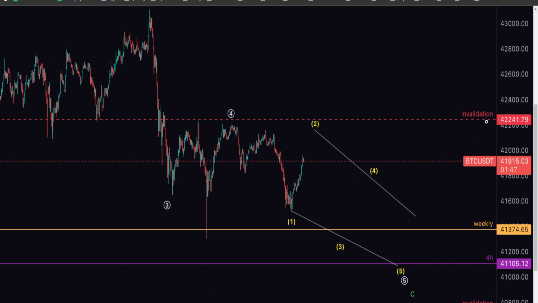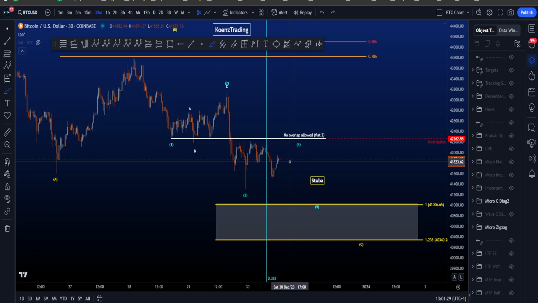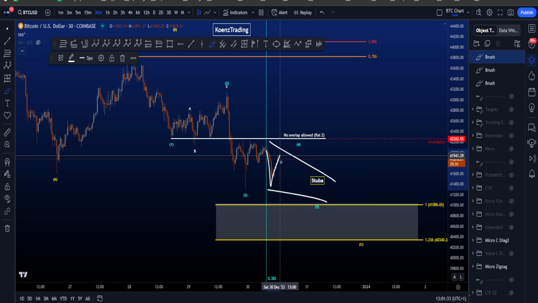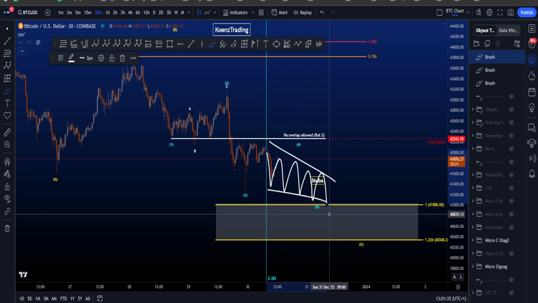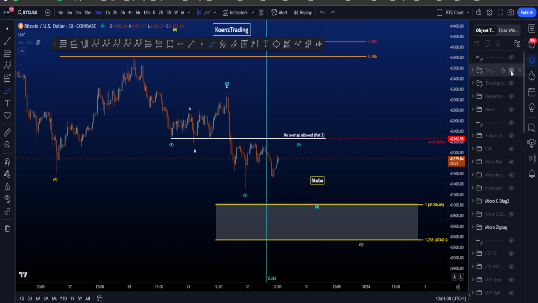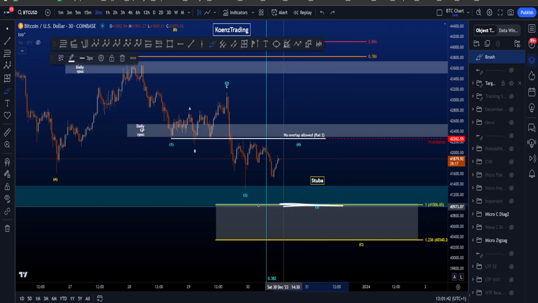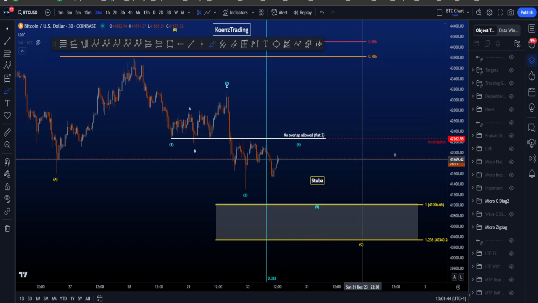very nice. That's where Stuba put the invalidation, and it is very possible as well, as during the weekend quite often you get ranging structures, and a potential ending diagonal is definitely a ranging, slowly grinding structure to the downside to then once more reach this target area over here and potentially the daily naked point of control there as well.